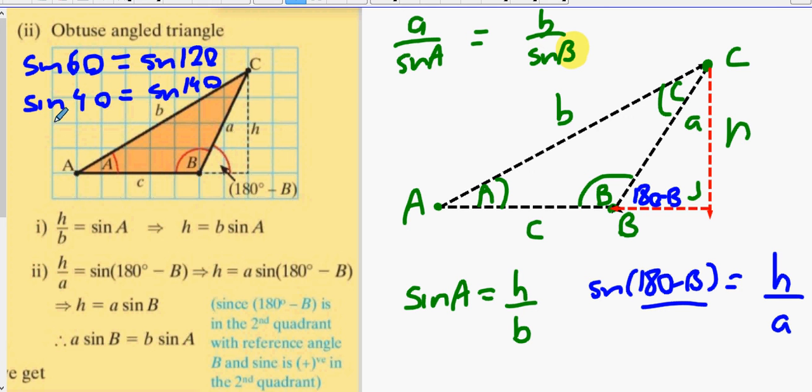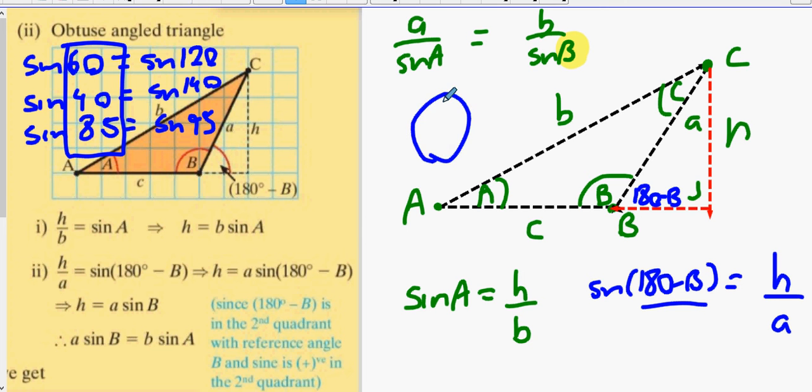What angle is sine 85 the same as? Sine 95. Whatever angle you're given, just take it away from 180 and that's exactly what it's the same as. Because remember ASTC, sine is positive in the first and second quadrants. So that's why you're allowed to do that, okay?